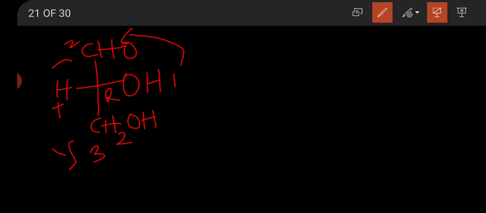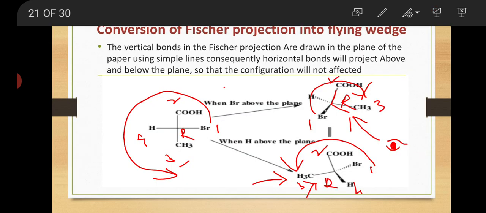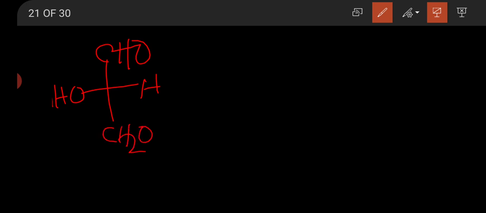Okay, let's take S configuration. That is, the CHO and OH are on the left side, H is on the right side, and CH2OH below.